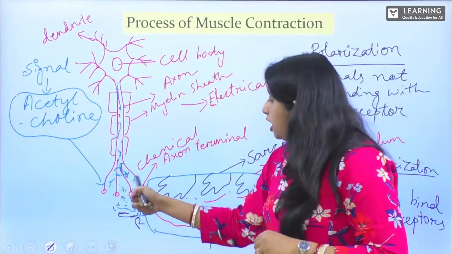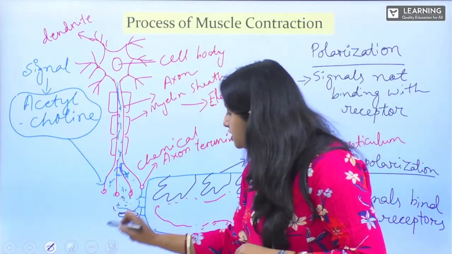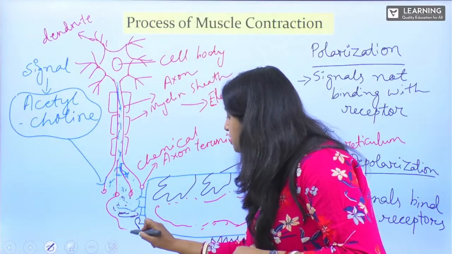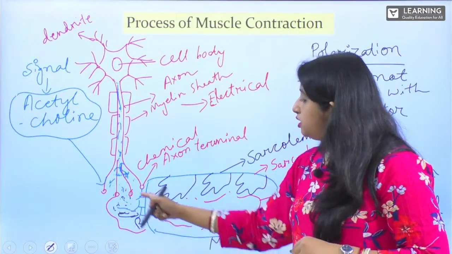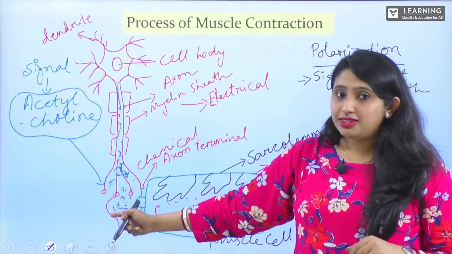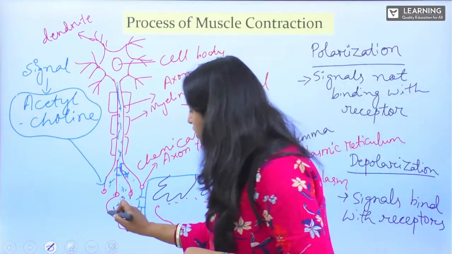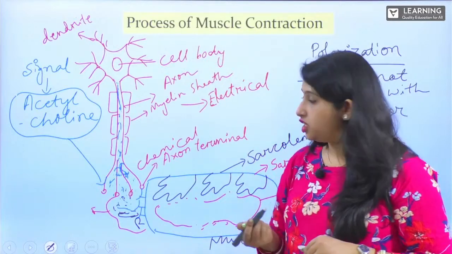Now, I forgot to tell you one thing. You can see this area here. This area is known as the neuromuscular junction, that is, the area between where the signals are coming from and the muscle cell.